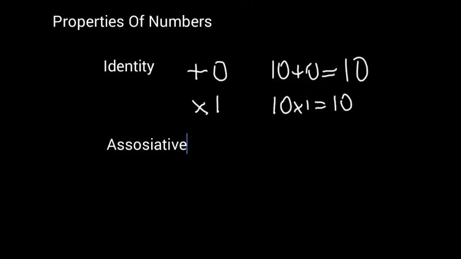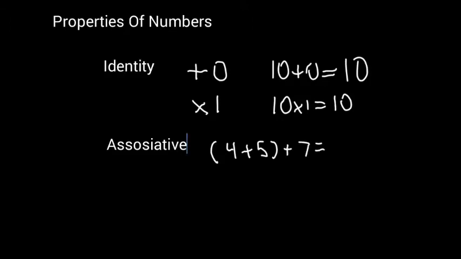Alright, the next property is the associative property. The associative property means you change who you associate with without changing the actual value of that statement. So, again, this works with addition and multiplication. So I could have (4 plus 5) plus 7.